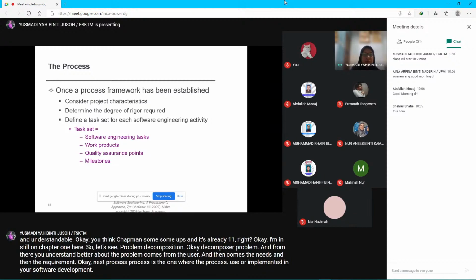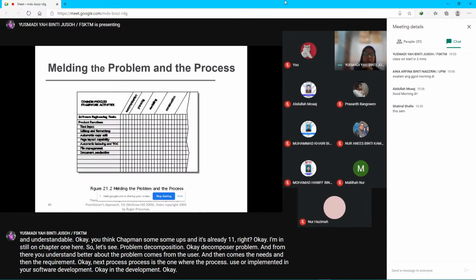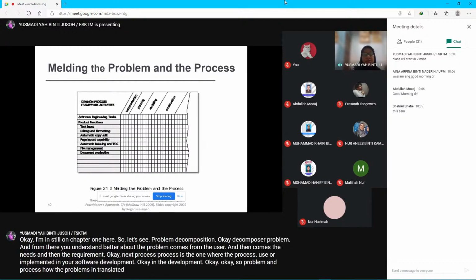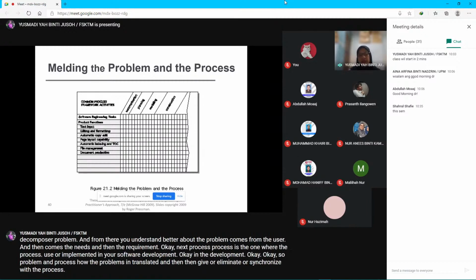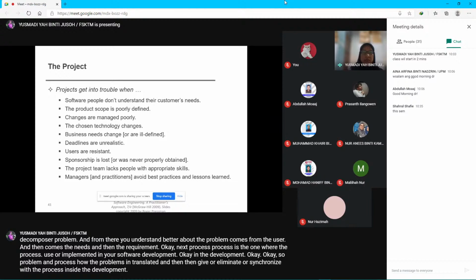So for problem and process, how the problems are translated and then elaborated or synchronized with the process on the development side.